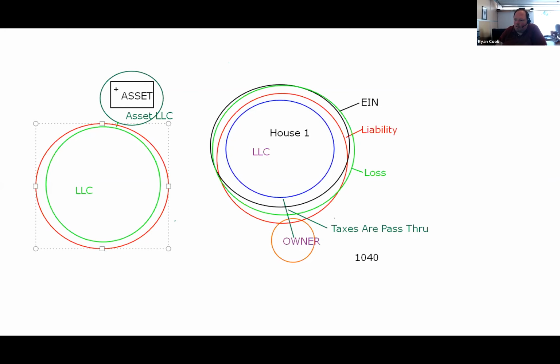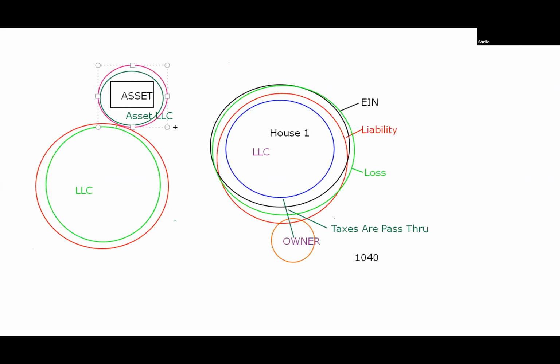Where's the asset's liability lie? Within the LLC. Now remember, there is a little bit that passes through just in case something does happen. Because there's that little bit of pass through, remember? But does that look better? Sure looks a whole lot better to me if somebody breaks their leg at that house.